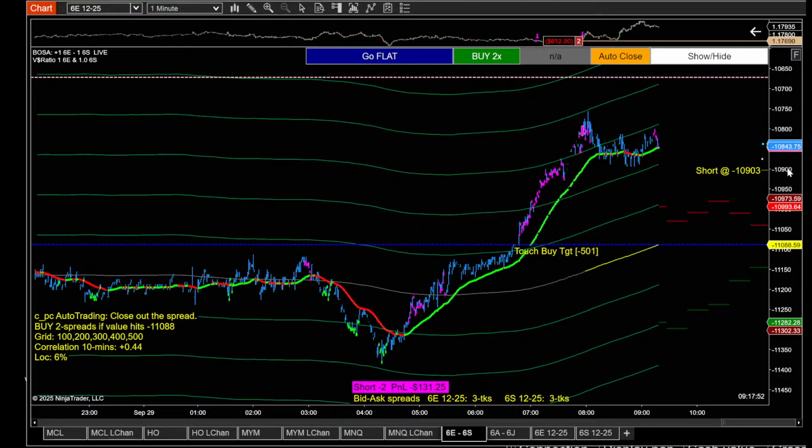It's about $188 if I'm reading that right. So negative 10,900 is where we got in, and the current midline here is at negative 11,087. So that is a $187 difference.